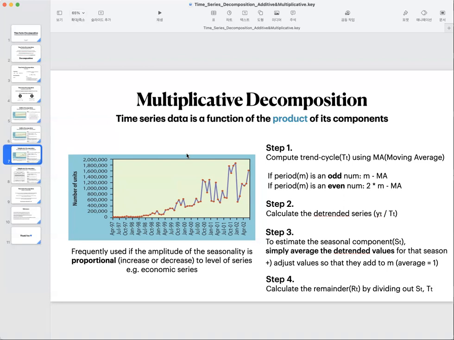The pattern becomes wider as time goes by. Therefore, this model is believed to be more appropriate for economic series than additive models. So the basic steps are similar to the additive model.